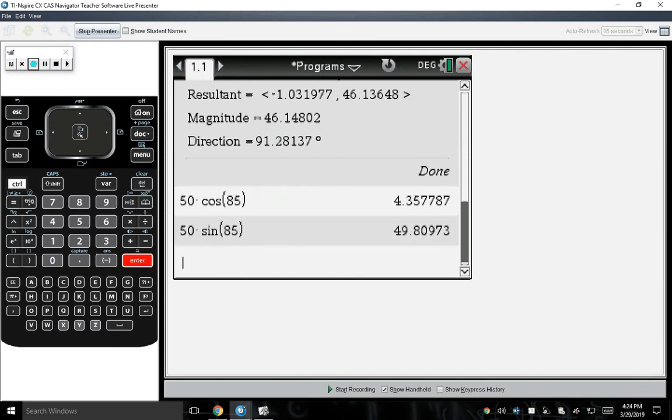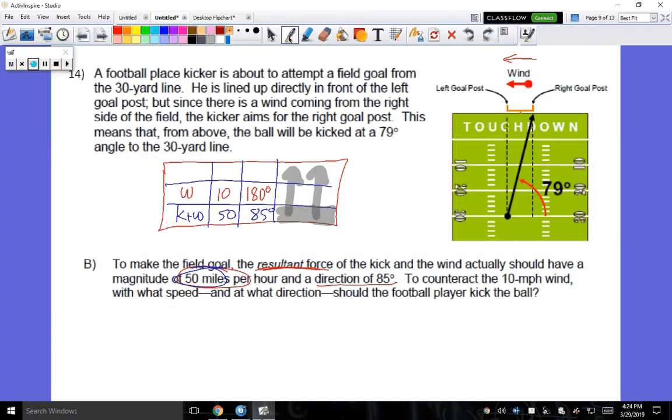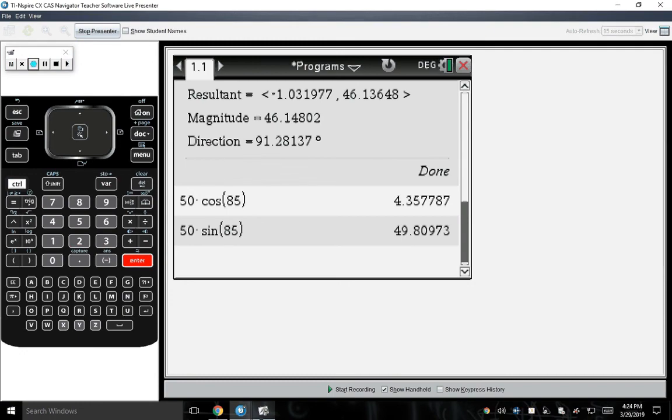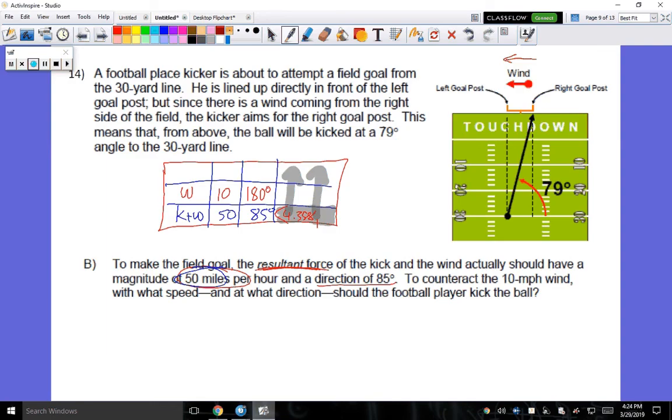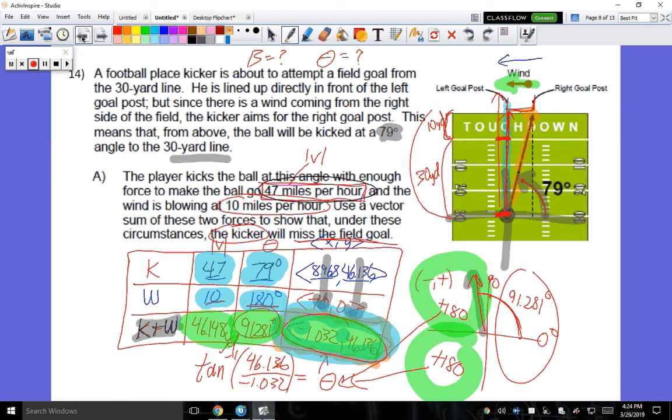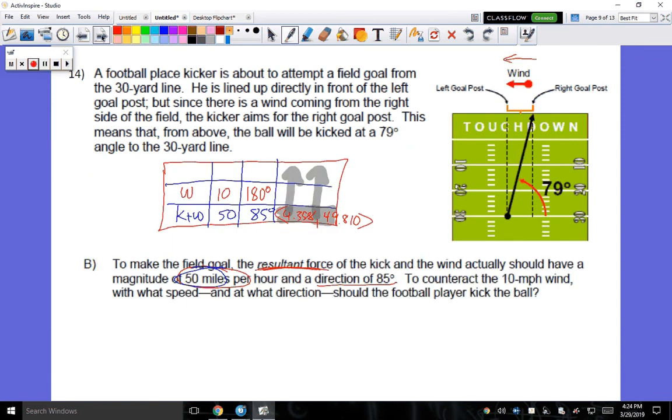And we get the following components: 4.358, and then the y component was 49.809, but that's going to round up, so 49.810. Okay, we're going to do the same with the wind, and I'm going to borrow with what we did last slide with that 0 and 180 to be negative 10 and 0.